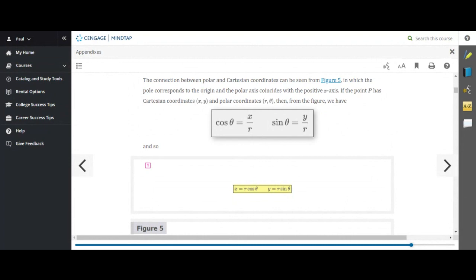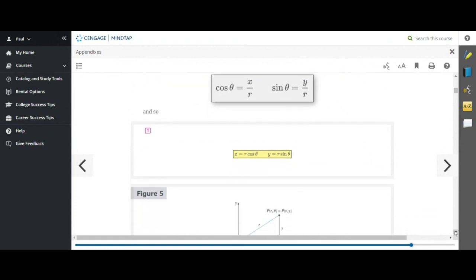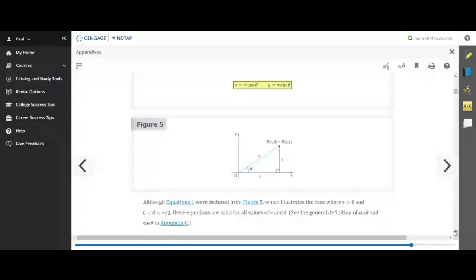Okay, you have your first, second, third, fourth quadrants, and like in Figure 5 here, you have a Cartesian coordinate x, y, but for that rectangular coordinate, there's a certain angle and a certain radius that will get you to that same point.